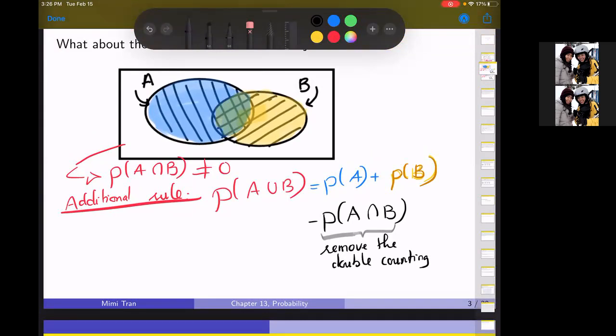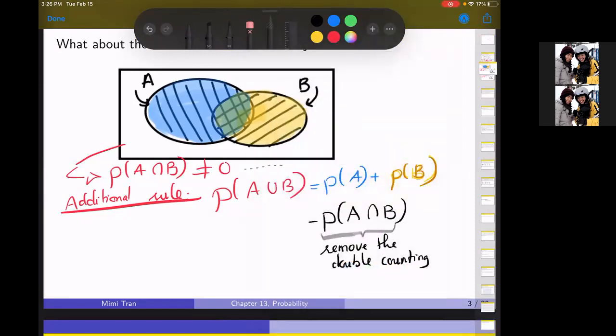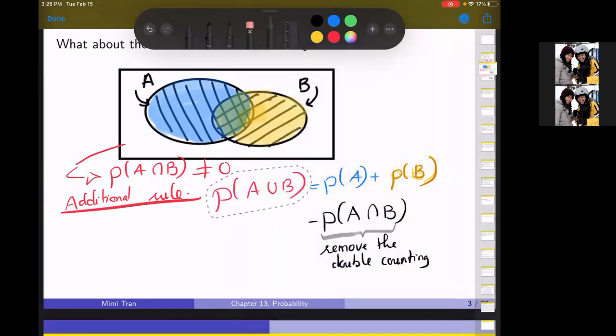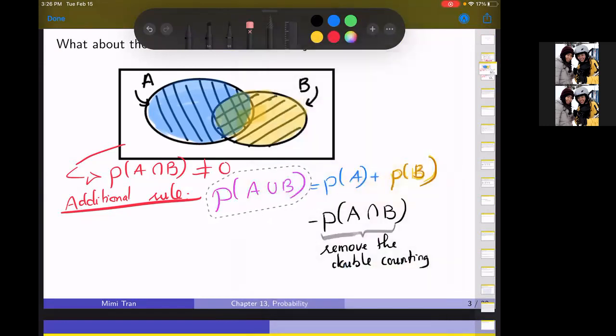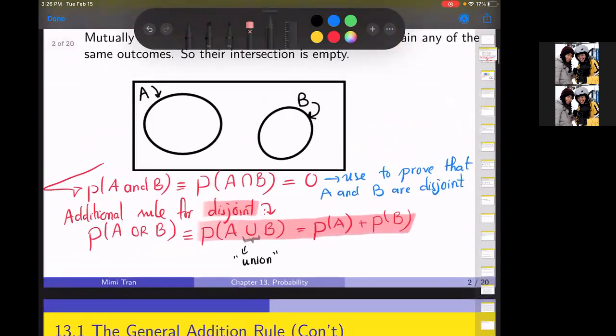Which one is bigger? Maybe I'll make it in color so you understand what I'm talking about. I'll make this one in purple. So this is my purple P of A or B, which is from that, versus the red one from this disjoint, this one.